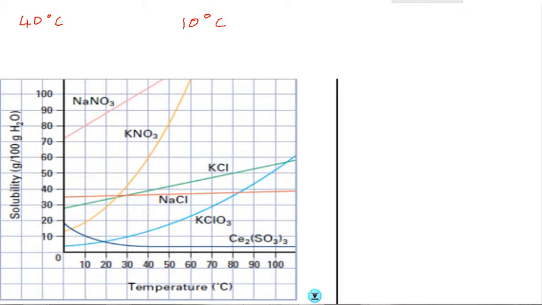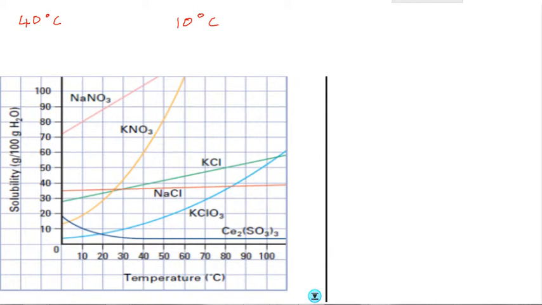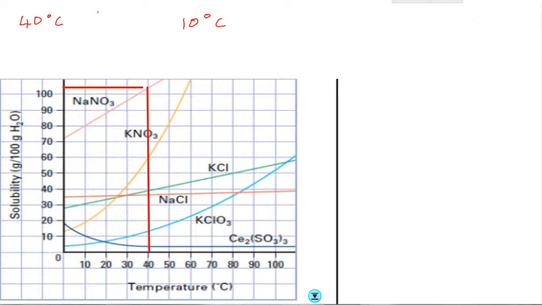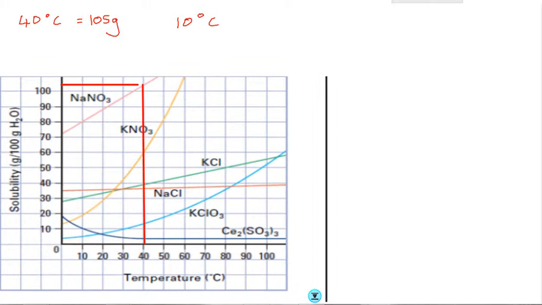So if we take our ruler and go up to 40 degrees here, and take our ruler again and go across, you'll be more accurate than I am here. The solubility at 40 degrees is about 105 grams there. And if we do exactly the same, we go down and have a look at the solubility, but this time at 10 degrees.